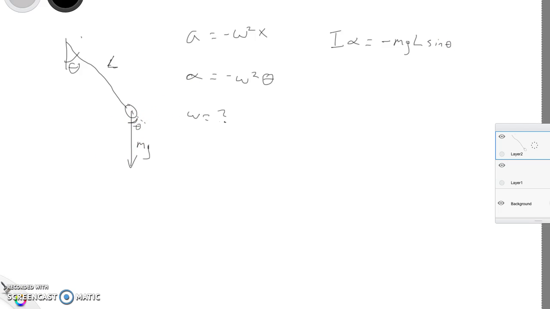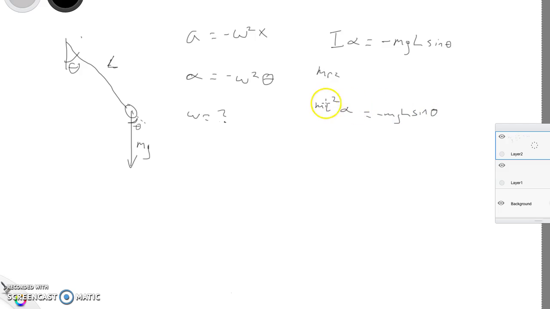Okay, so now we're going to say, well, if this is a massless string, then the moment of inertia for this rotating system, I, would just be mr squared, where r is equal to L. So mL squared alpha equals negative mgL sine theta.